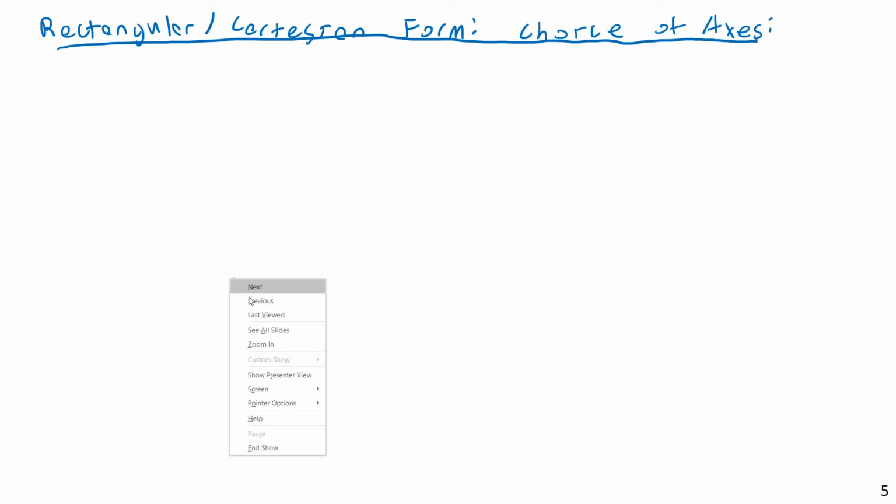And this will be very important as we go later in the semester, especially when you start talking about local axes, a set of local axes.